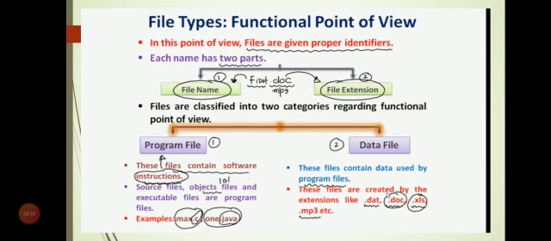The data files contain the data used by the program files, and these files are created with extensions like .dat, .doc, .xls. .doc is the document file, .xls means Excel files, and .mp3 the music files. These are the types of file from the functional point of view.